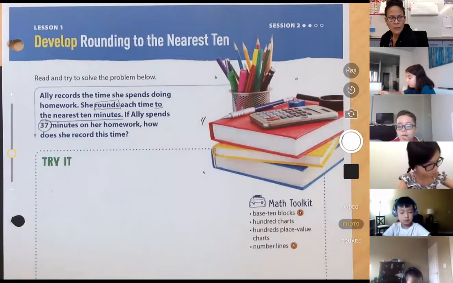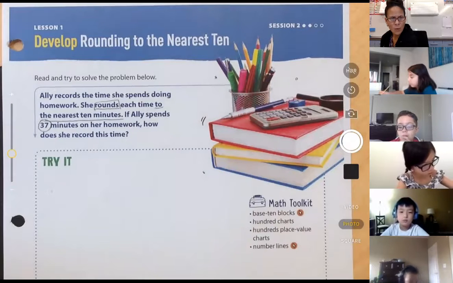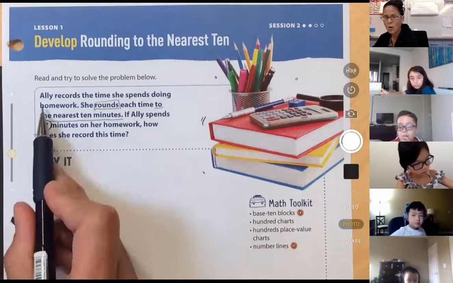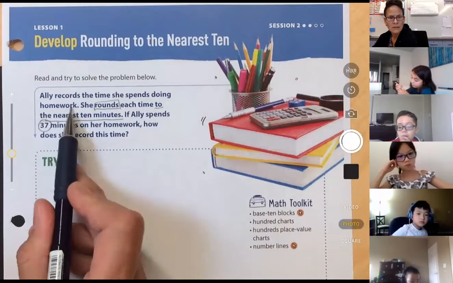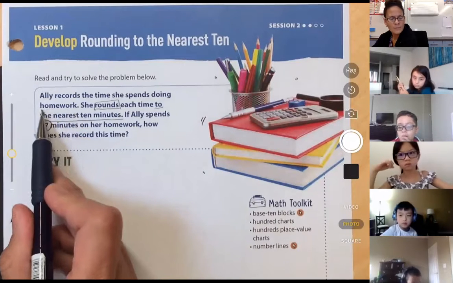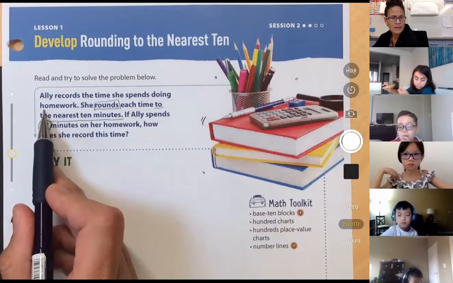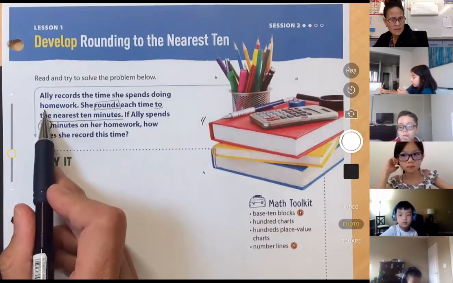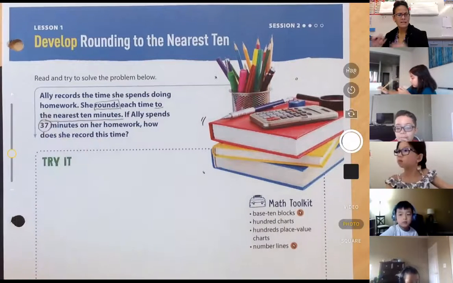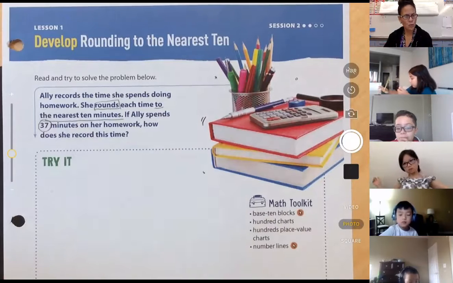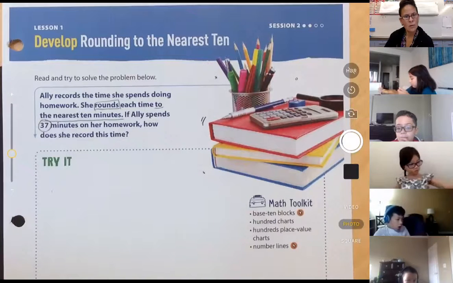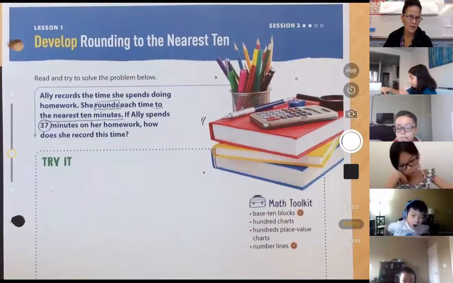Things that really aren't important to the math in this question, things like the word homework, that word could be anything, right? It's not super important to this question. It gives us some context to work with, but the word homework is not going to affect our math.